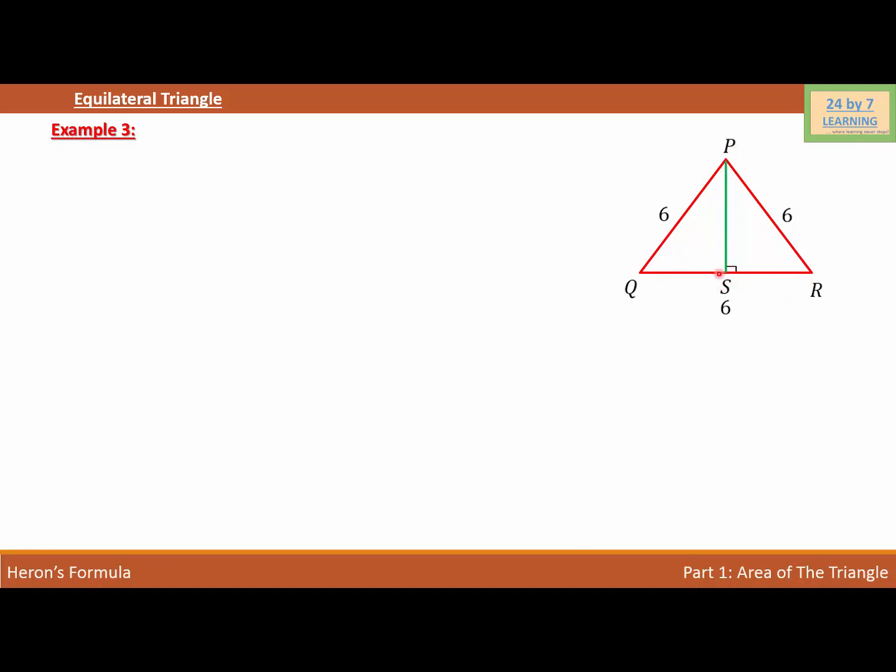Now this perpendicular will divide QR into two equal halves. So basically QS is half of 6, which is 3, and SR is also half of 6, which is 3. So QS is equal to SR and both are equal to 3. Now let's use the Pythagorean theorem. I can write c squared is equal to a squared plus b squared. Now my c is PQ, so I will write PQ squared is equal to PS squared plus QS squared.